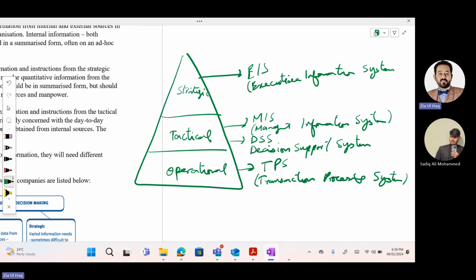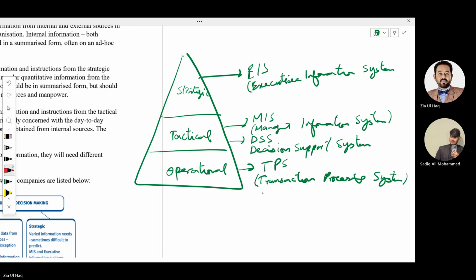What is TPS, Transaction Processing System? This is a system that will record and process routine transactions, where transactions will be recorded at operation level.